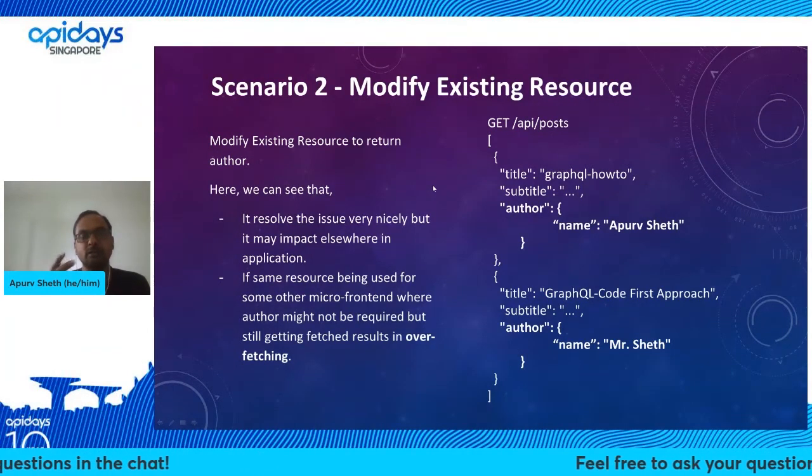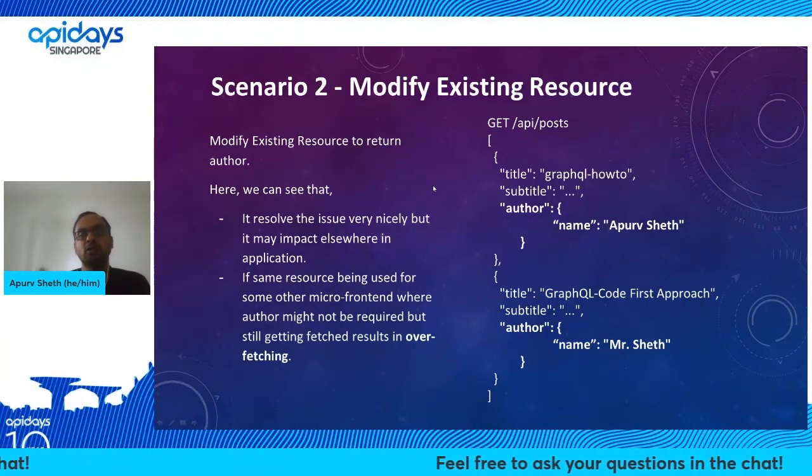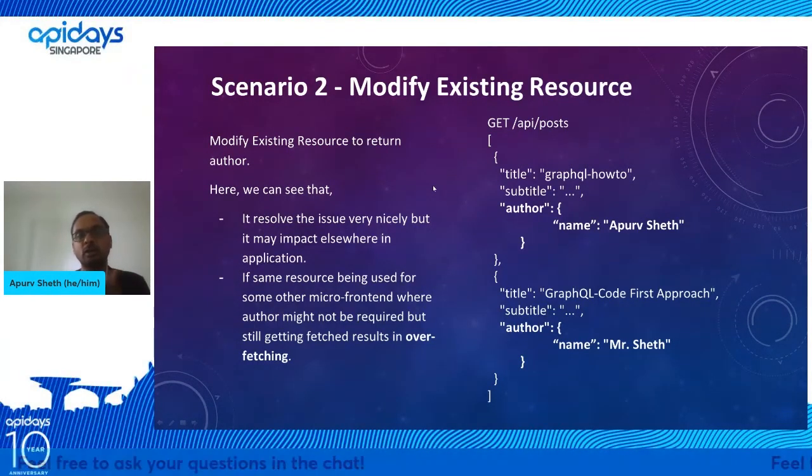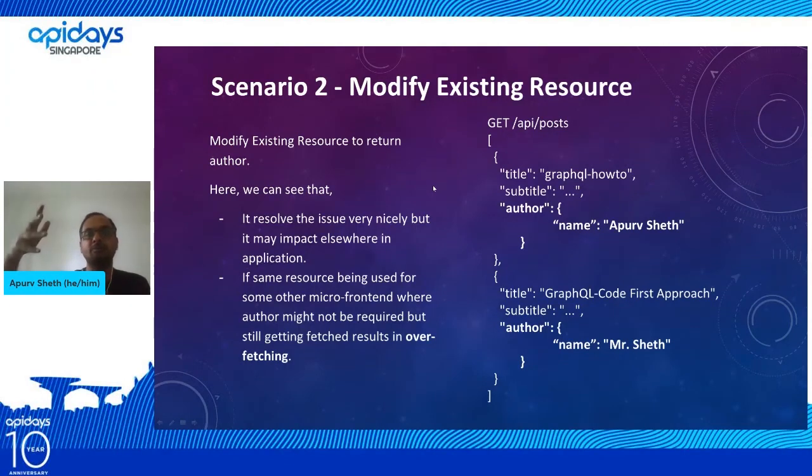Because if we talk in terms of the mobile device, even though I don't want it, why should there be any impact on the memory or the network or the overall API endpoints, right?